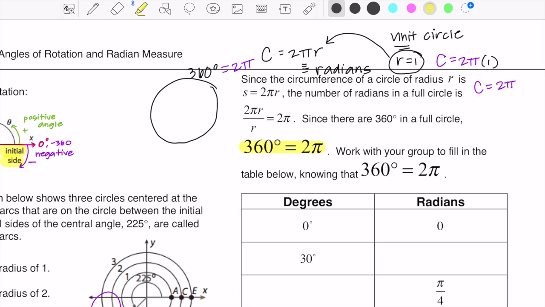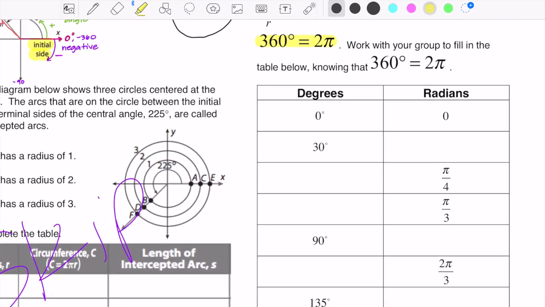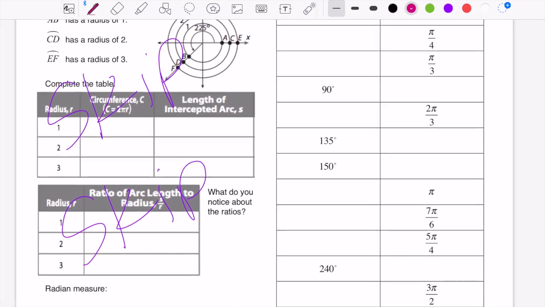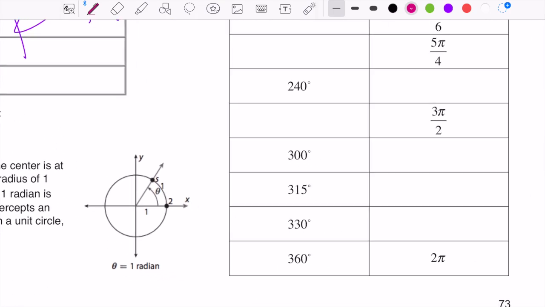So right now, what I want you guys to do is pause your video and work in your group to figure out these two ratios. So again, it's just a ratio. It's just a pattern that you have to pick up. On the left here is what happens in degrees, and on the right here is what happens in radians. So what you'll see is down at the bottom, we know that 360 equals 2 pi, okay?